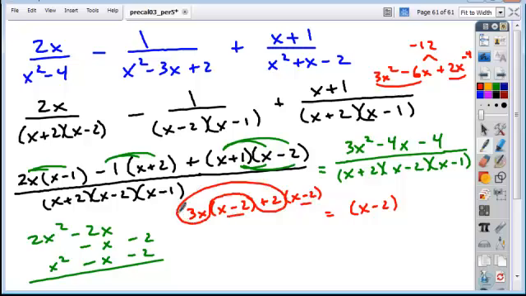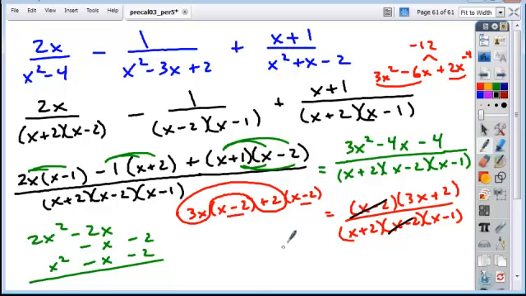And then my remaining factors, 3x plus 2, are the terms of my other binomial. My denominator is going to stay just as it was. And then what happens? The x minus 2's cancel. And so you wind up with your simplified answer of 3x plus 2 all over x plus 2, x minus 1.